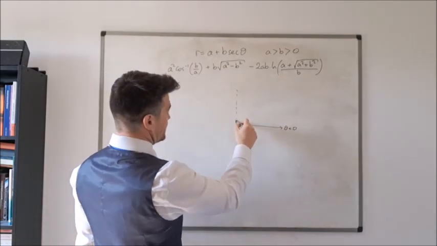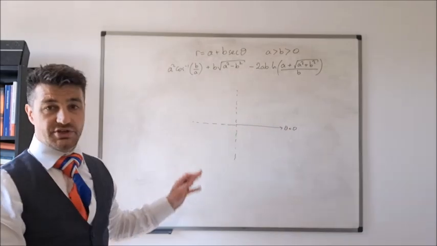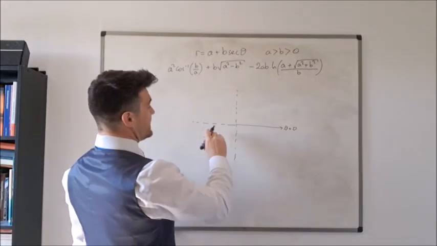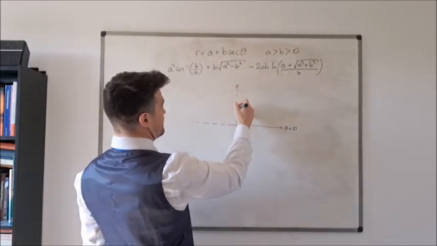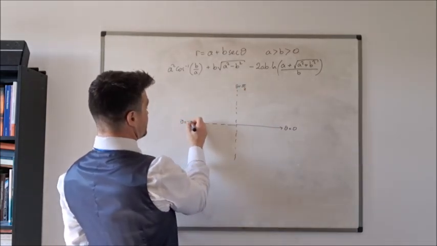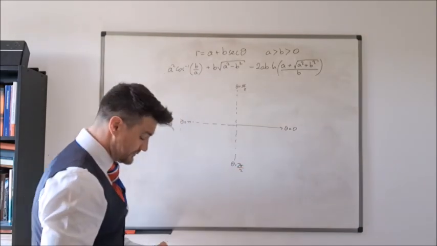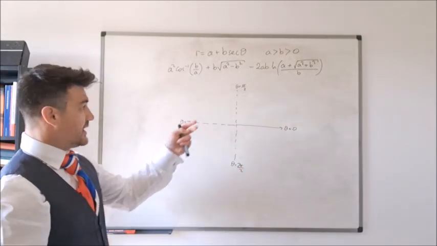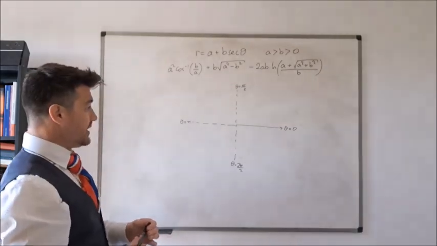And I will still think in terms of the usual four quadrants, but instead of an x-axis and a y-axis, this line represents theta equals pi by 2. This is theta equals pi, and this is theta equals 3 pi by 2. Obviously, we're working in radians here rather than degrees.